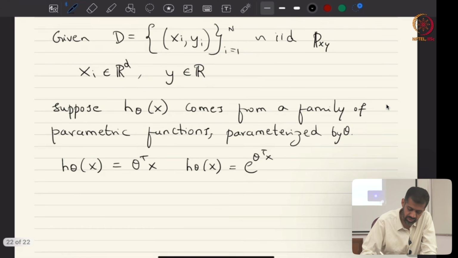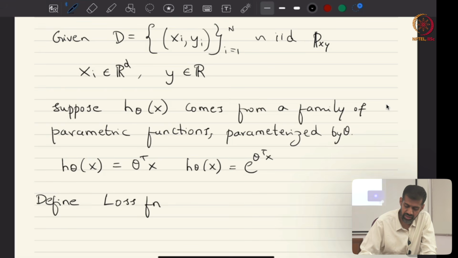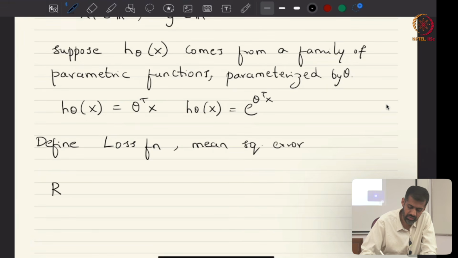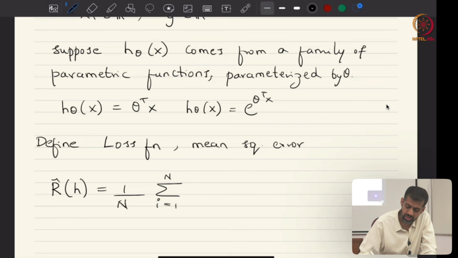Now define a loss function, or rather choose a loss function. Let's choose, let's say, a mean squared error. Then compute the empirical risk. Empirical risk is 1 over n, sum over i from 1 to n, of h theta of x_i minus y_i, squared.